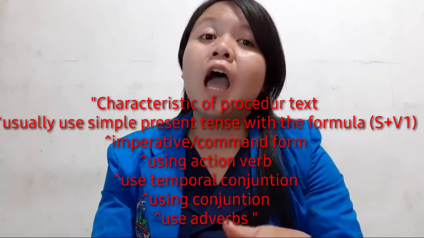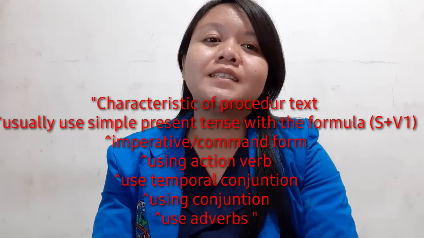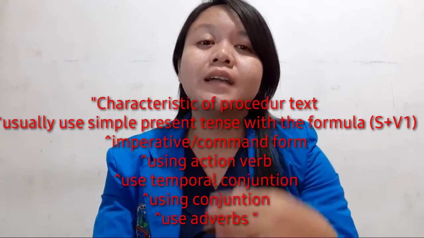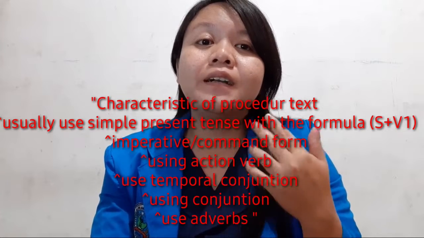Characteristics of procedure text. First, it usually uses simple present tense, with the formula subject plus verb 1. Second, imperative or command form. Third, using action verbs, for example make, take, boil, cook, and so on.